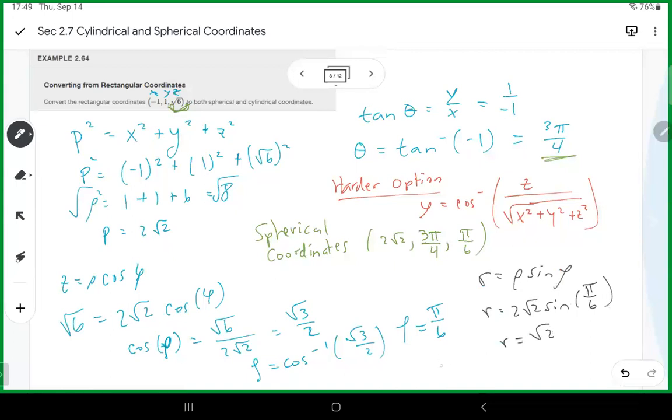So then our cylindrical, did I spell that wrong? No, I didn't. I spelled it right. Coordinates are going to be square root of 2, 3 pi over 4, and square root of 6.